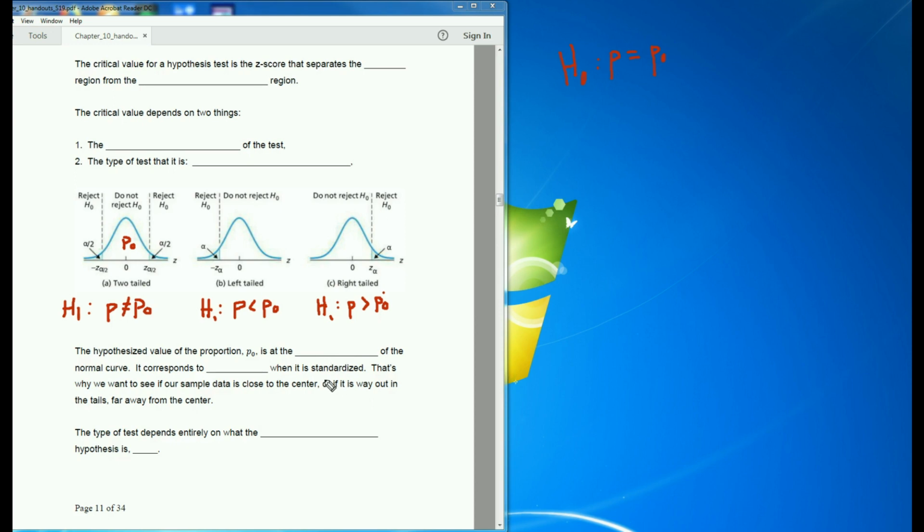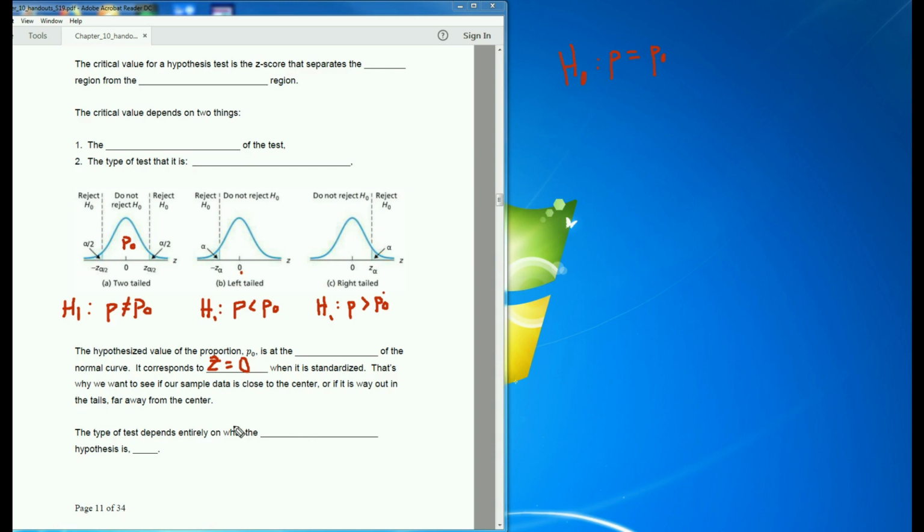When we standard normalize it, therefore it corresponds to a z-score of 0. So that is why these curves are labeled with 0 right in the middle. Okay? So what we are looking for is we want to see if our sample data is close in here to the center, or is it way out in the tails, far away from the hypothesized value.